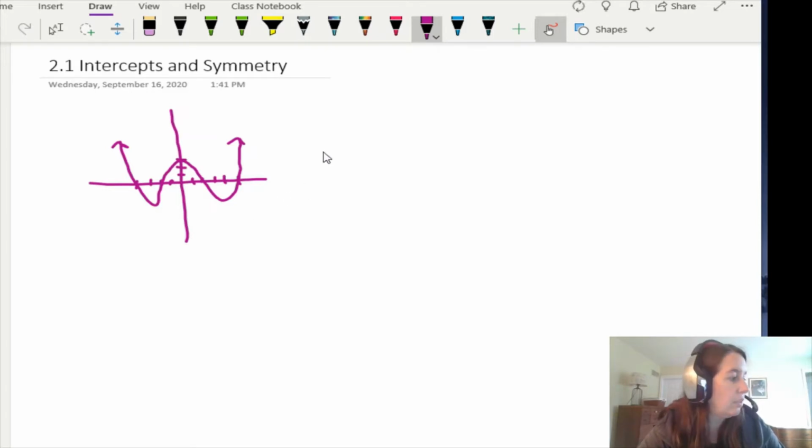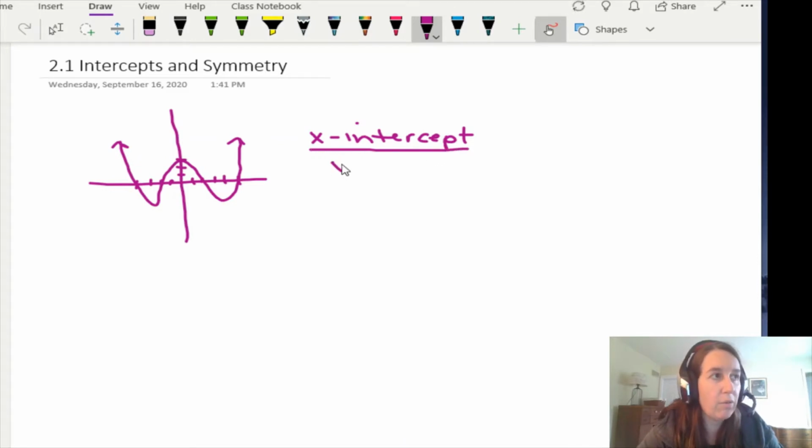Okay, so intercepts, we have what's called x-intercepts. And of course, that is where a graph would cross the x-axis. So we are looking at a couple x-intercepts here. One here, here, here, and here.